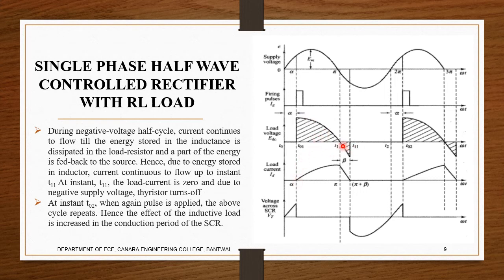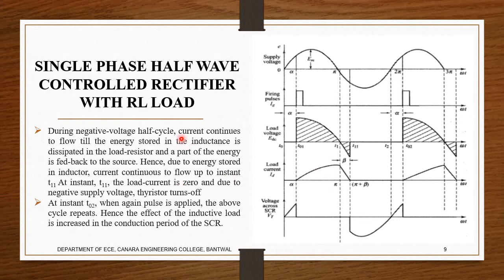The voltage will be reduced to zero, and the current will start to increase here from zero because of the inductor, up to this value, and it will be decreasing after the supply has reached the negative. And this we call beta: alpha, beta, and this is the pi.